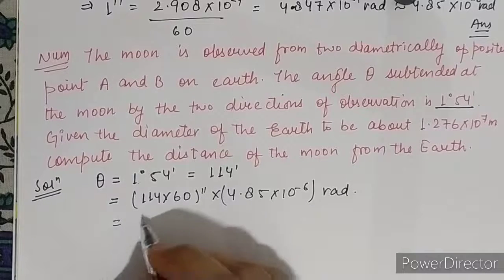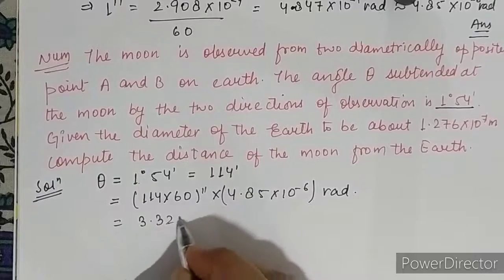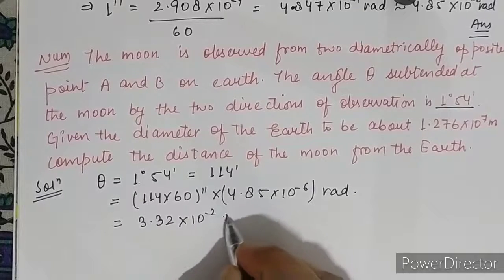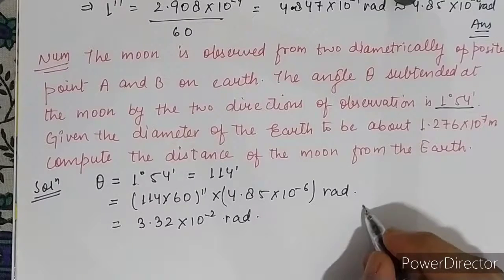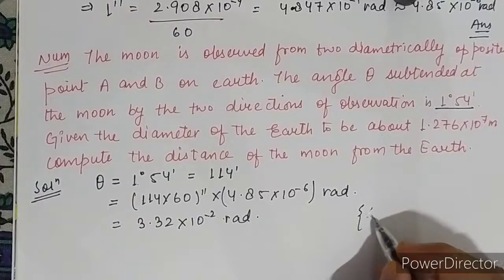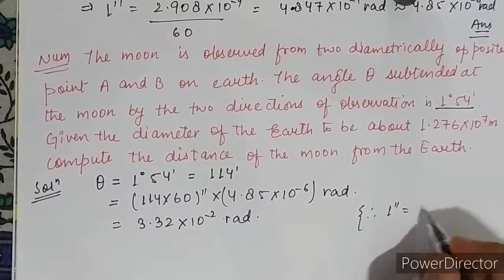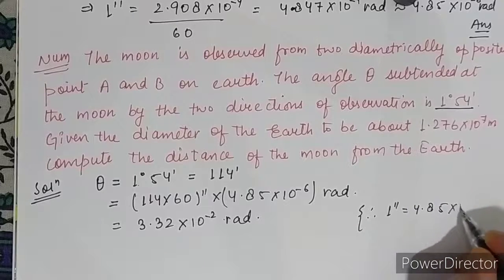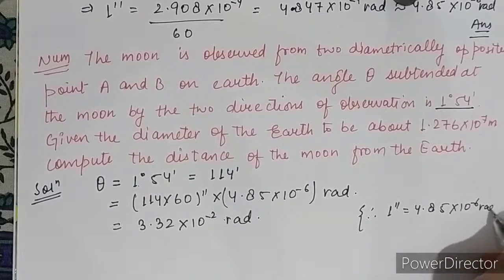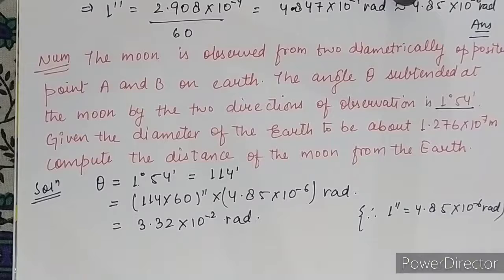So the value of the angle you get is 3.32 into 10 to the power minus 2 radian. Always remember, plane angle should be solved in radians.